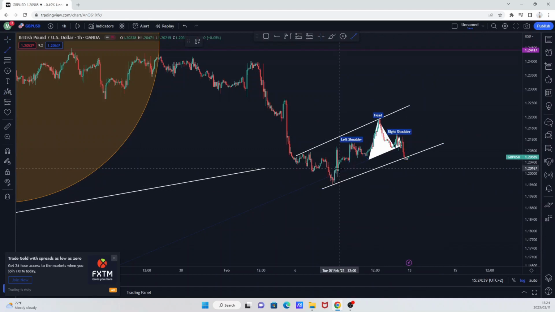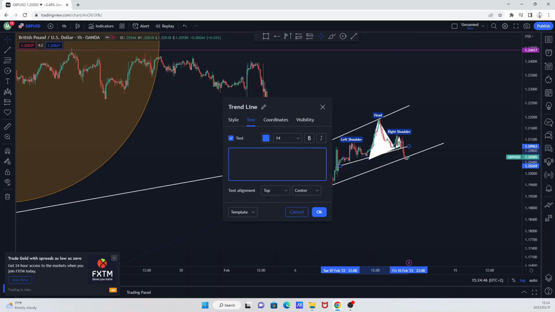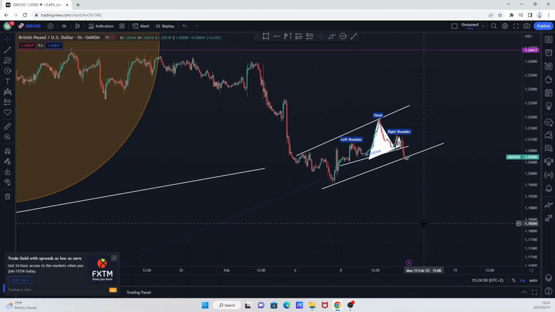And then here, let me say, this is my neckline, right? What the market did was break the neckline, and now it's currently testing this supporting trend line.